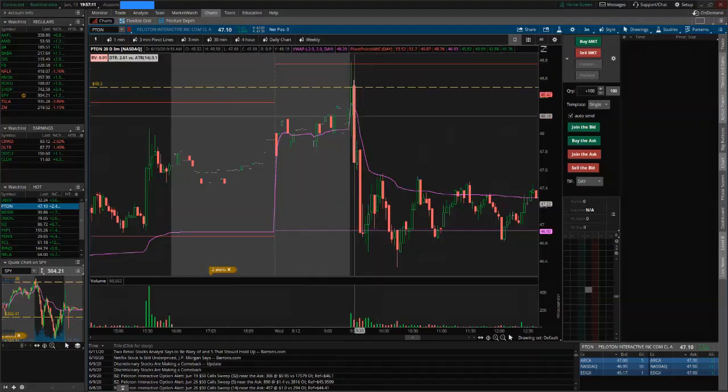But I've noticed lately with Piton, there's my daily line pivot, what is this, right here. So yeah, see, this is only 50 cents away, but this stock, when it opens up, it pops and rejects right away, and it does it a lot. So here's one example right here.